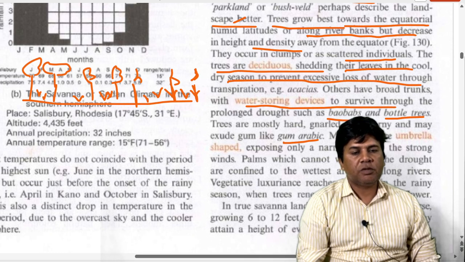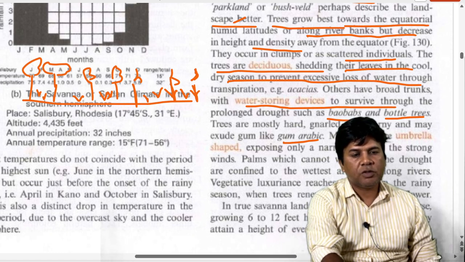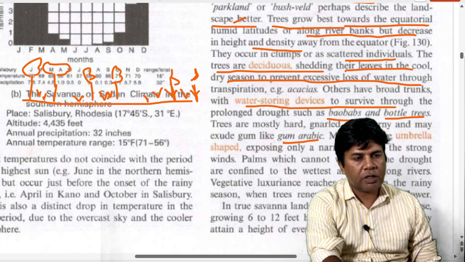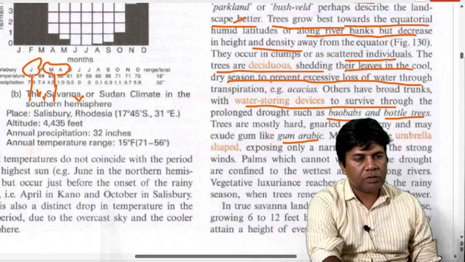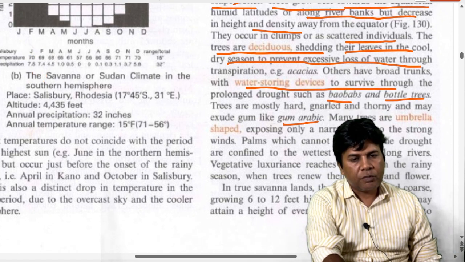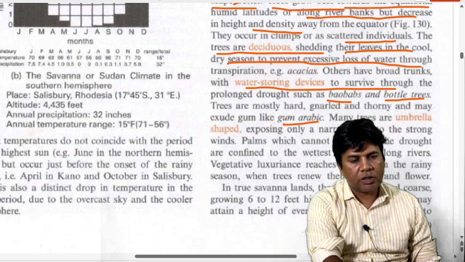Basically, because these areas also suffer from the drought period, the plants are deciduous in nature. And these plants have devised many mechanisms through which they can withstand the drought condition in these areas. We will talk about all these mechanisms through which they can withstand this drought condition in the savanna.